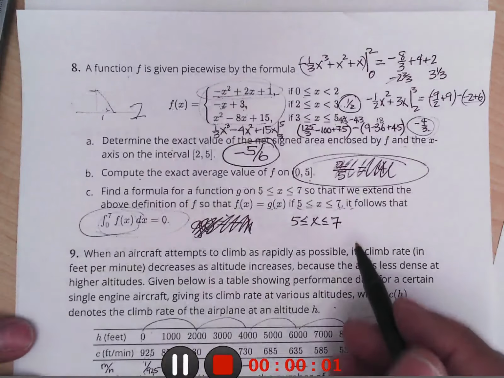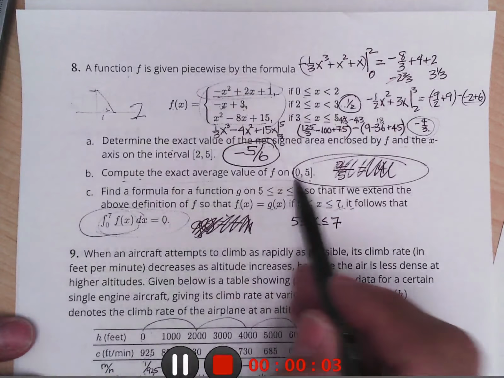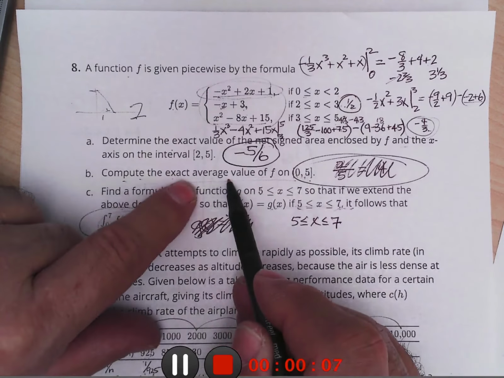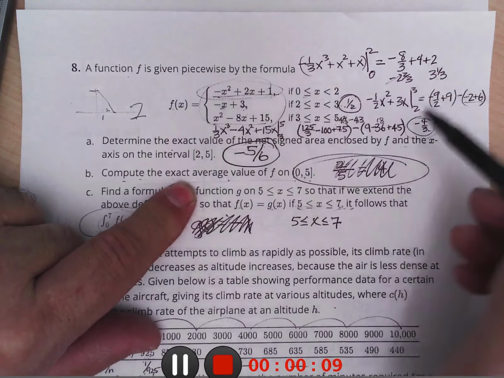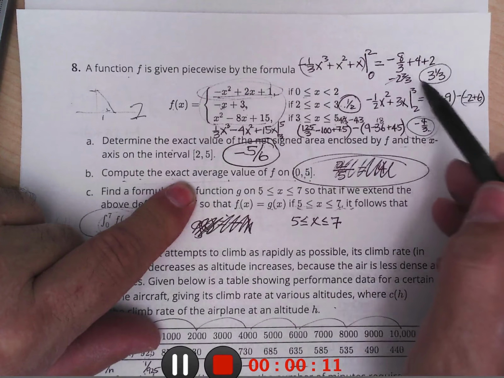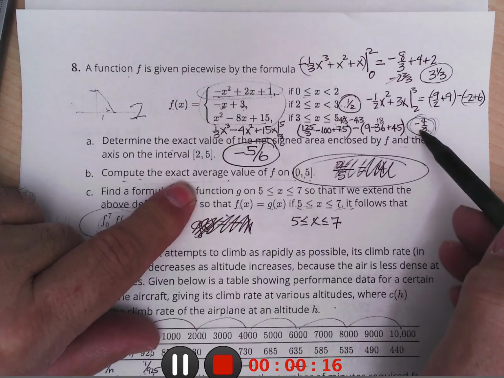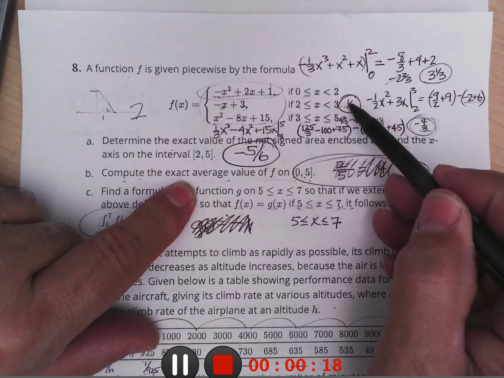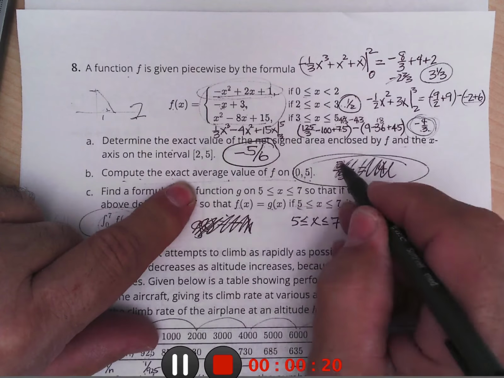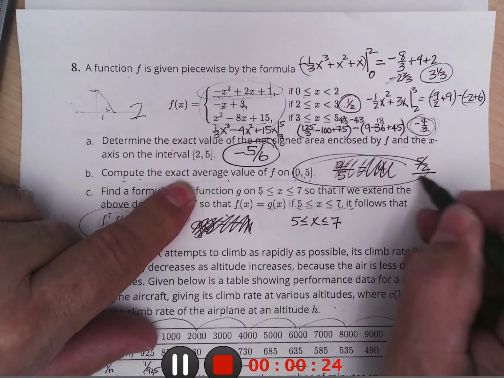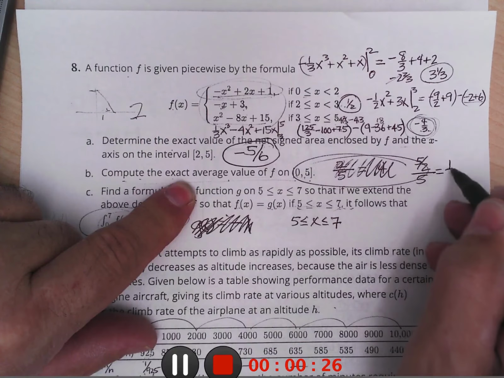For B, it said from 0 to 5, what's the average value? So you have to get the total area. It would be the 3 and 1 third minus 1 and a third, which would be 2, plus the half. So it's 2 and a half, or 5 halves, divided by 5, which is 1 half. And that would be the average value.